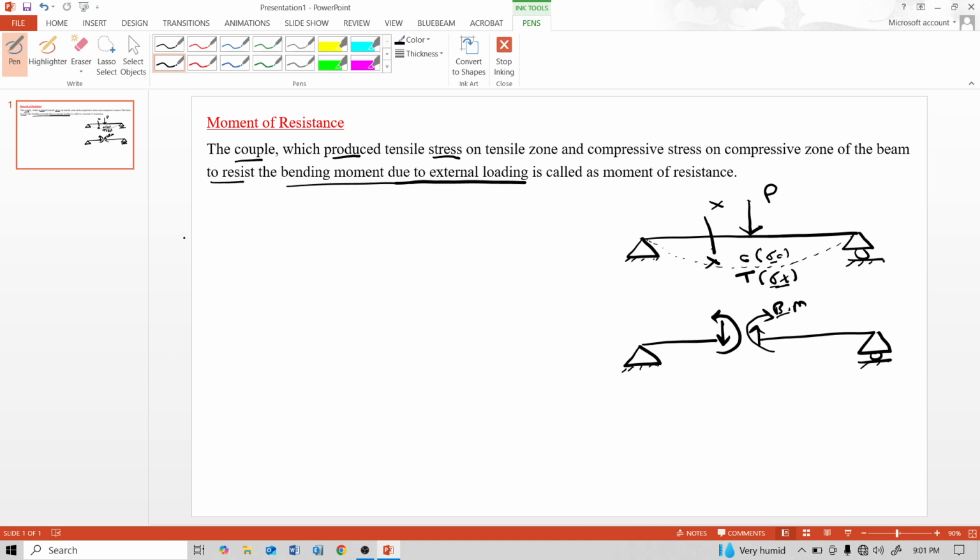For equilibrium, the bending moment is always equal to the moment of resistance. The moment of resistance is denoted as capital M.